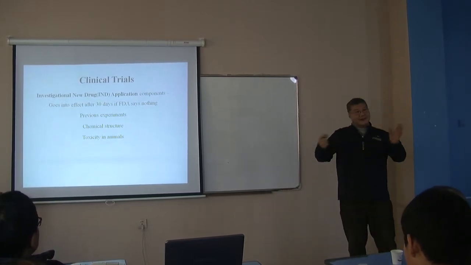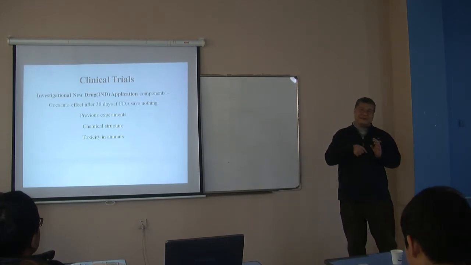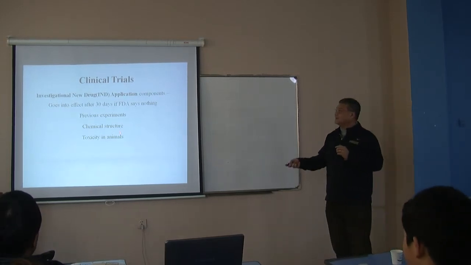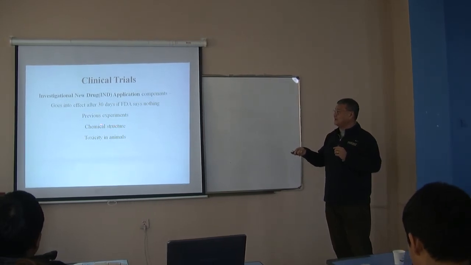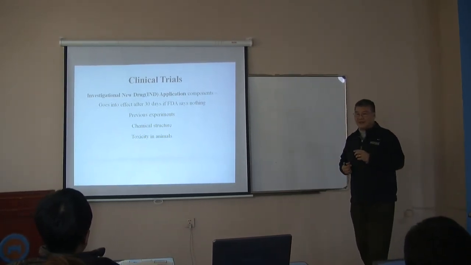If the FDA says nothing, then you can start. But normally they say something: I need another paper, why don't you do this test? So you give all previous experience, chemical structure, and toxicity in the animal, all that kind of stuff has to be given to the FDA.